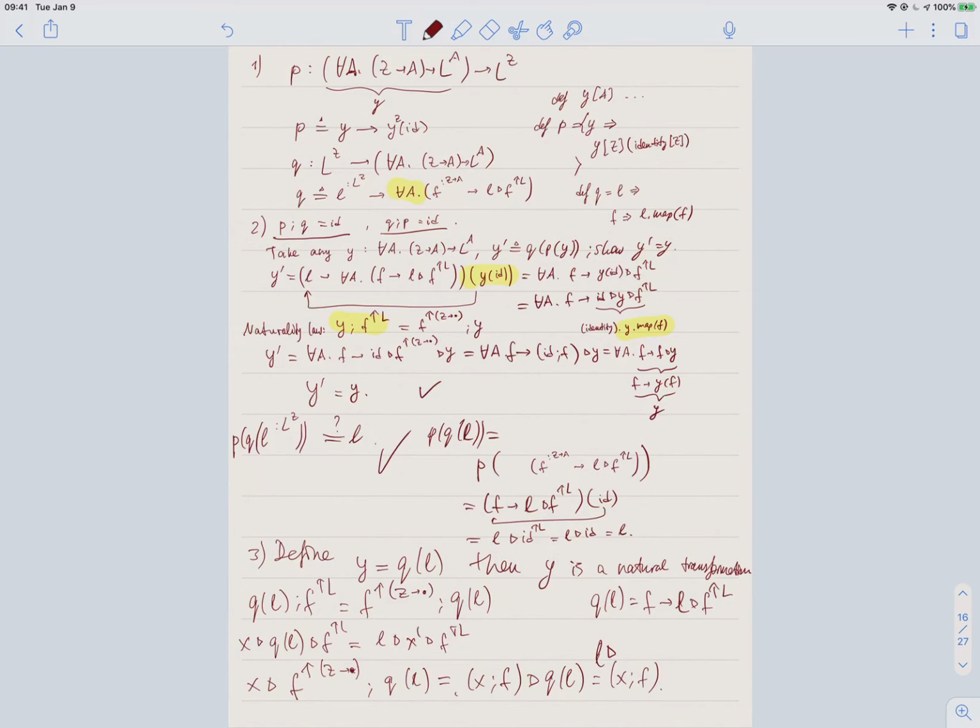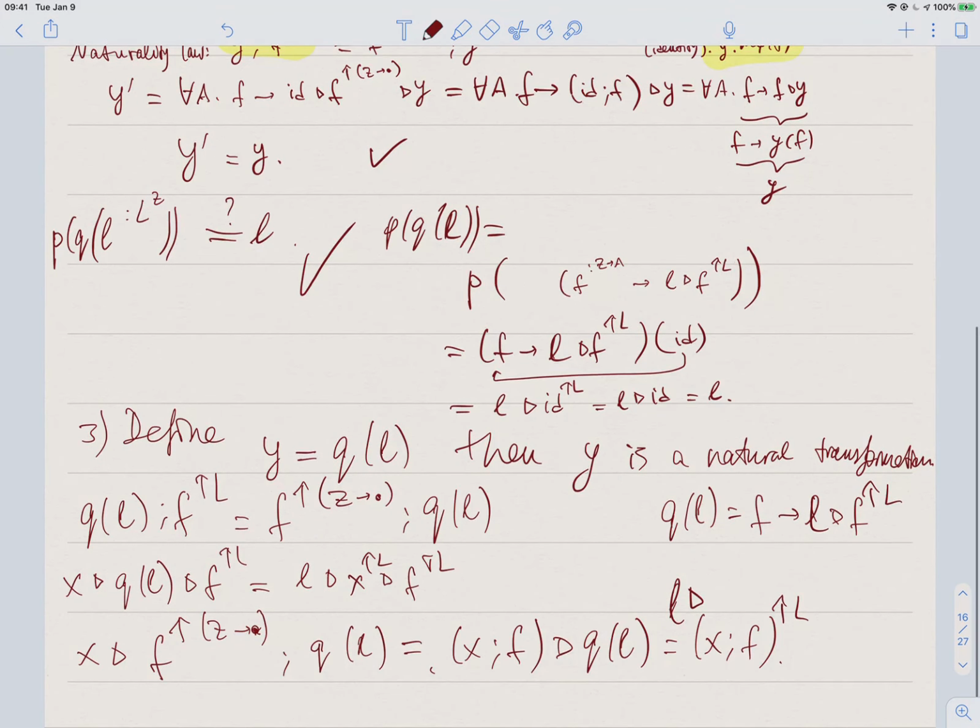So this is lifted to L, and this is lifted to L. So now I have to prove that L x lifted to L, f lifted to L equals L substituted into xf lifted to L. So this is the composition law of the functor L, which makes these things equal.